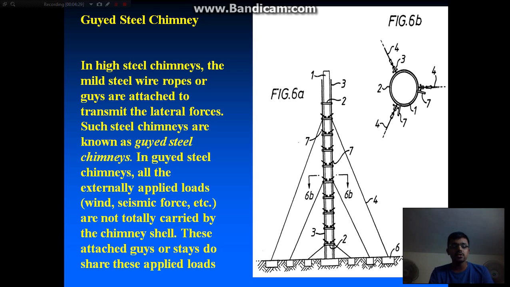In guyed steel chimneys, all the externally applied loads like the wind forces, seismic forces, etc., and any other kind of lateral deformations are not totally carried by the chimney shells. These attached guys or stays do share these applied loads, and so only this type of chimney is called a guyed steel chimney.